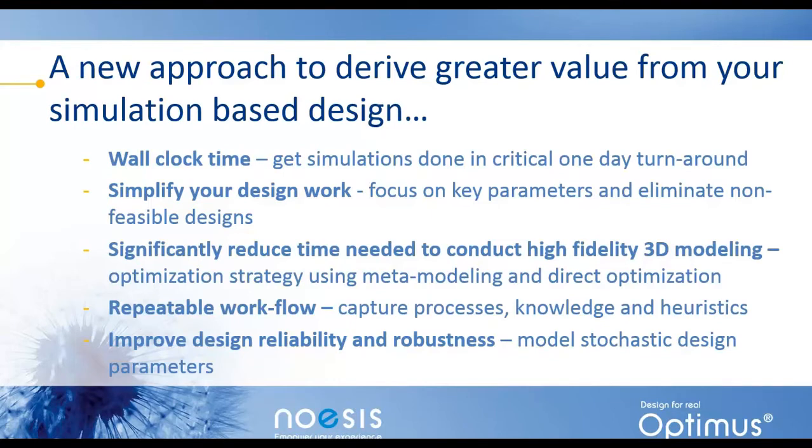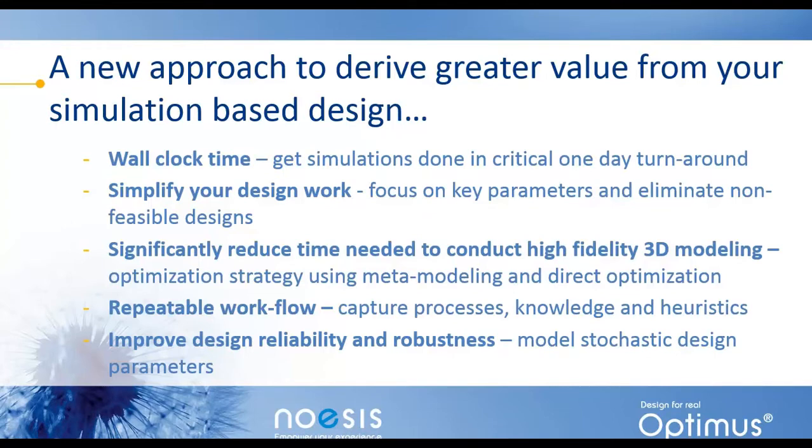At this point, I'm going to hand this over to Bram Vanderhagen, who will go through the examples. But let me just summarize some of the things that I've showed you here. I think you've gotten some hints into how this can reduce your total time or get more simulations done within a given time frame.